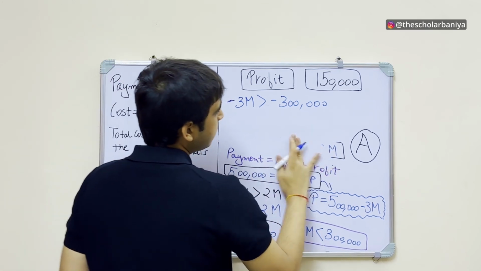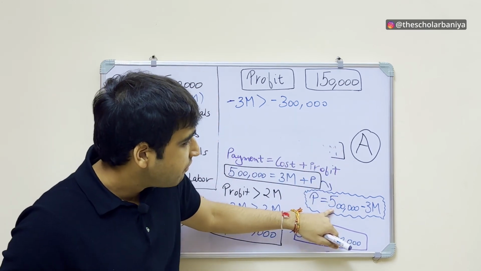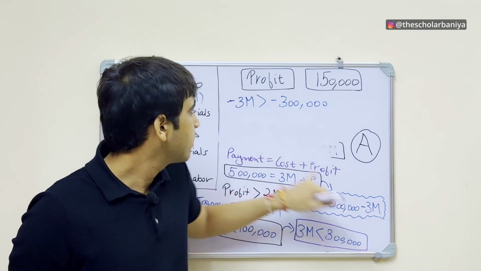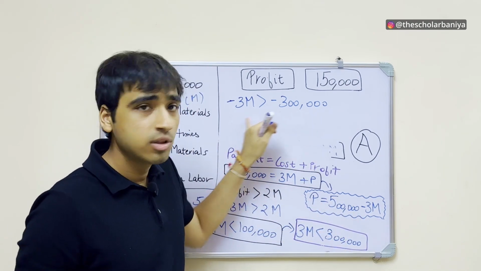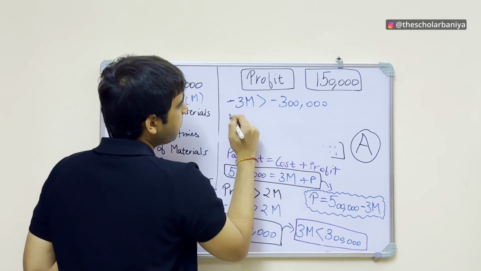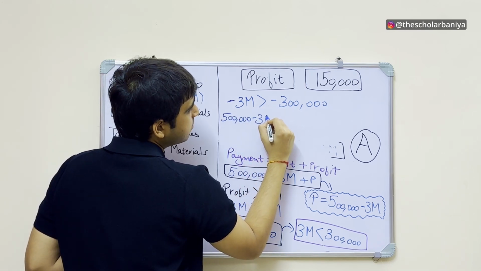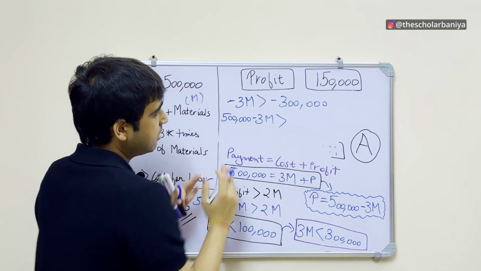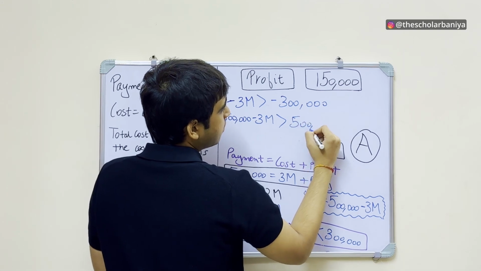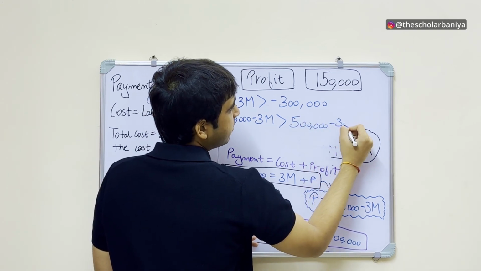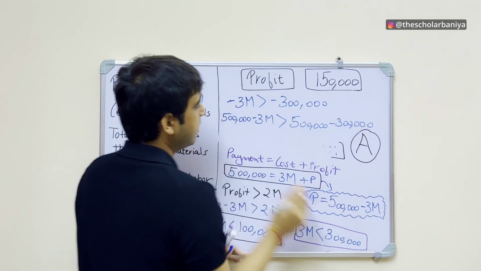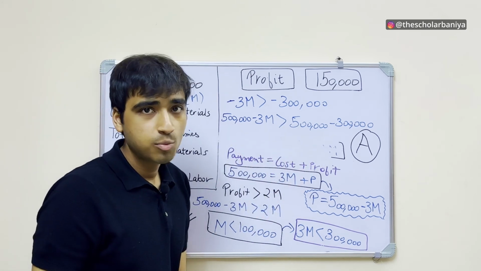Now we have to calculate 500,000 minus 3M. So if we add 500,000 to both sides, then what will this become? 500,000 minus 3M is greater than 500,000 minus 300,000, right? So basically we added 500,000 to both sides.